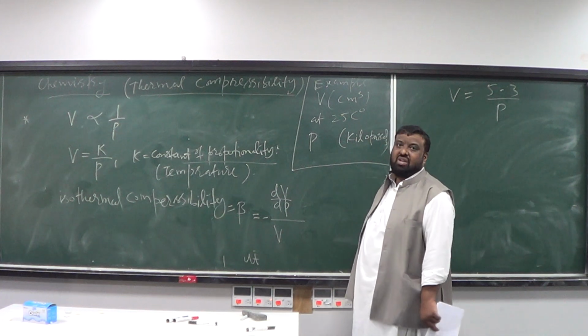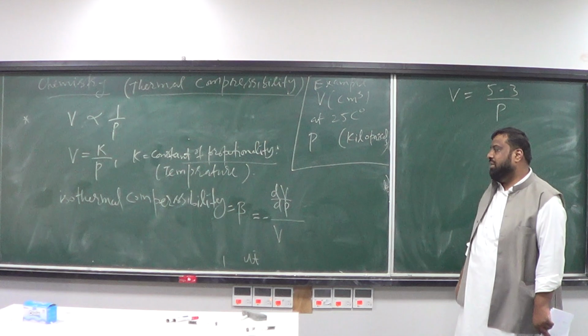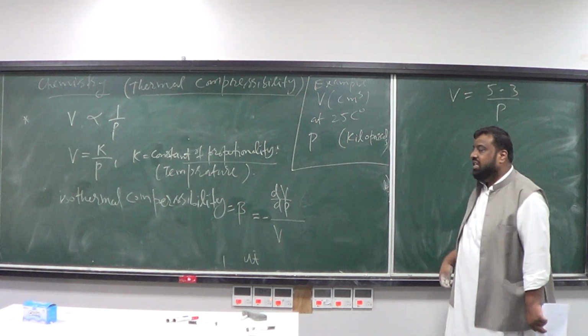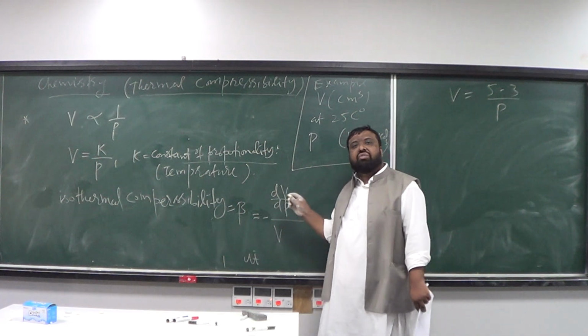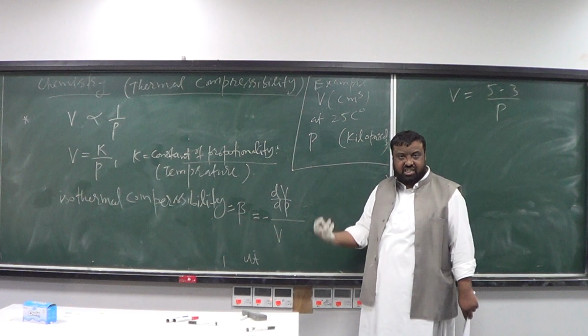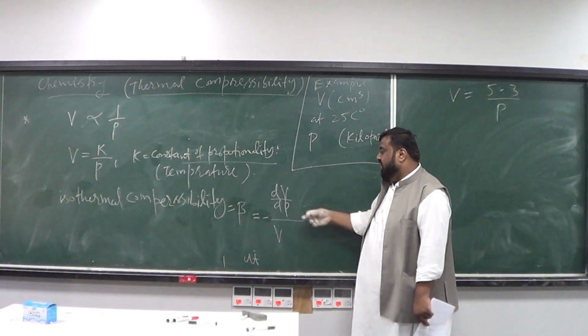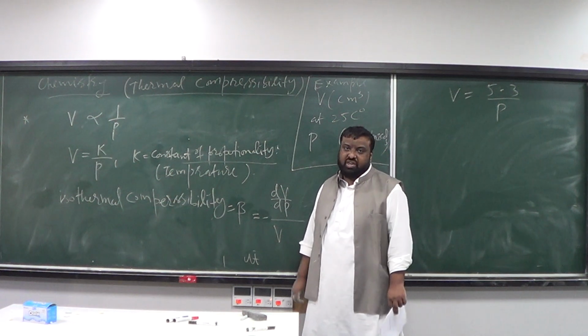You call that isothermal compressibility. So isothermal compressibility once again measures how fast the volume of any substance, for example air here, is decreasing when the pressure is changing, compared with the original volume of the air.